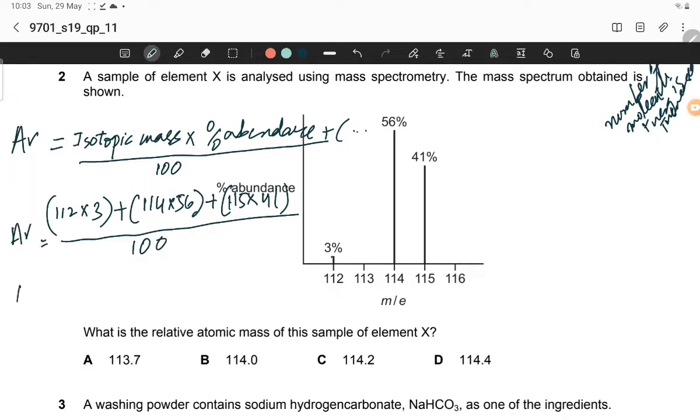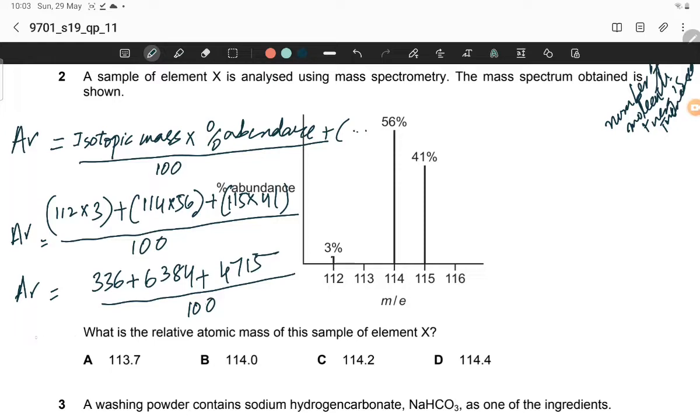So Ar is equal to 336 plus 6384 plus 4715, divided by 100. This is equal to 114.4. So D option must be correct.